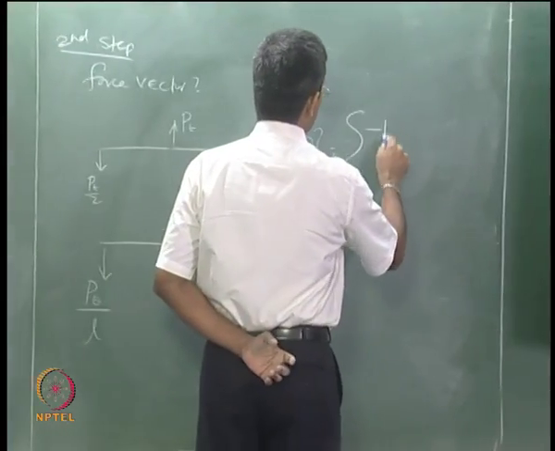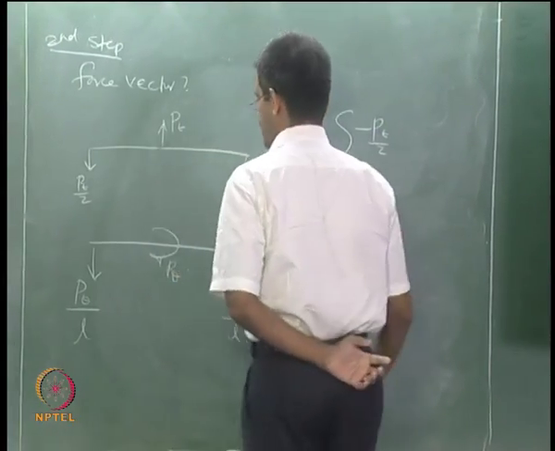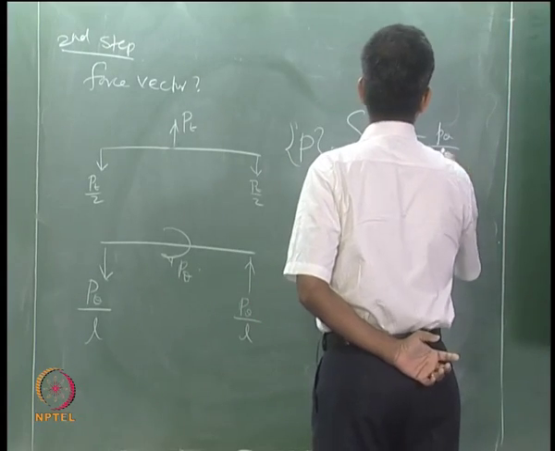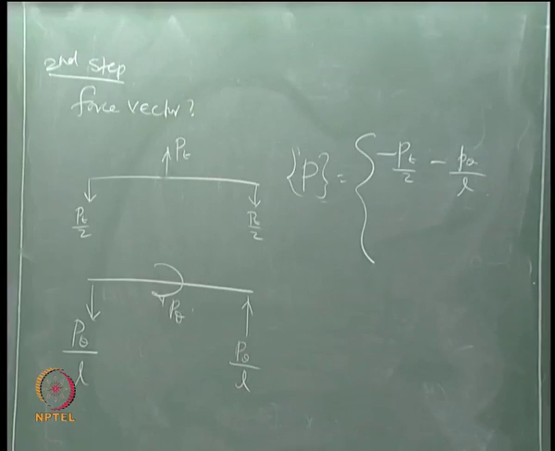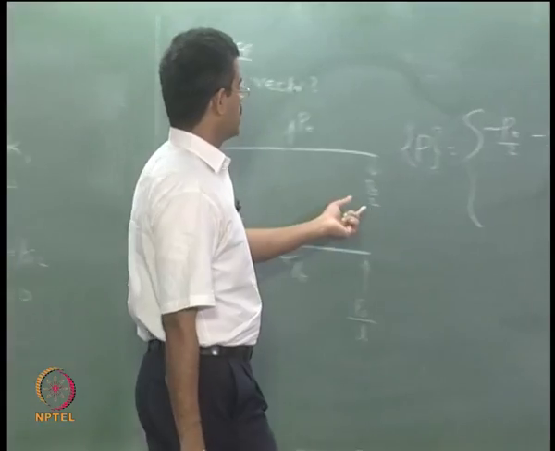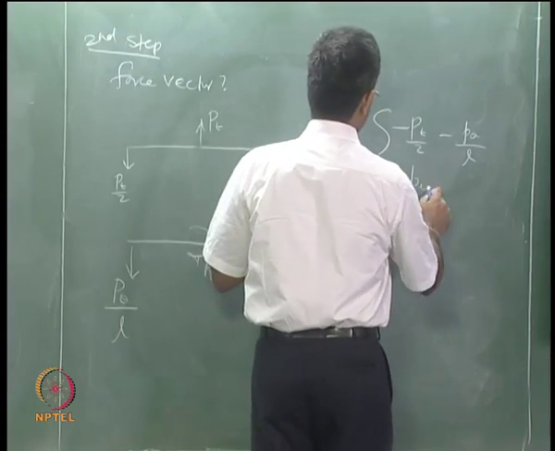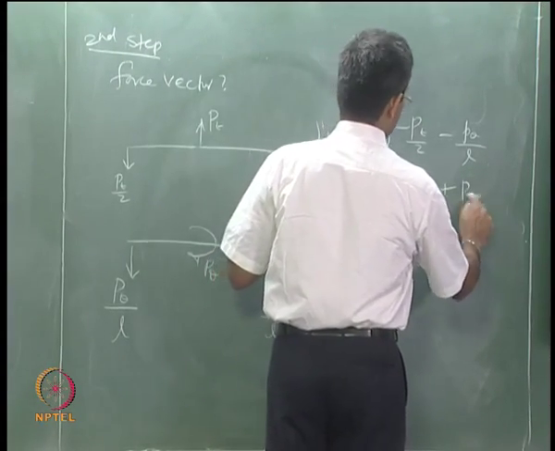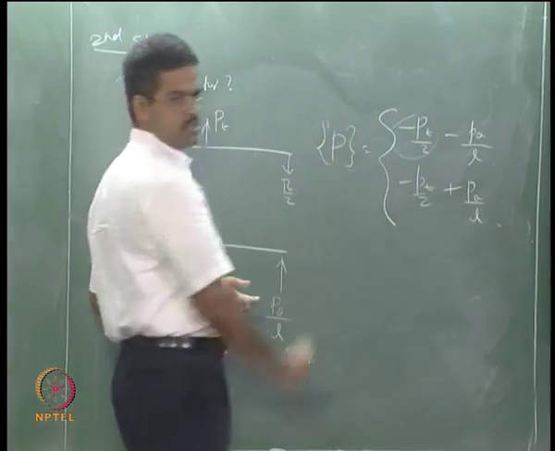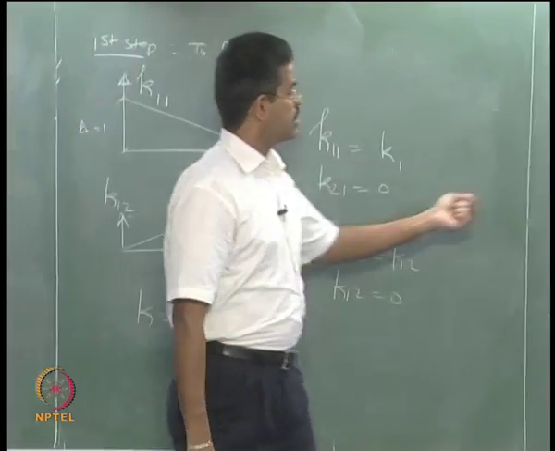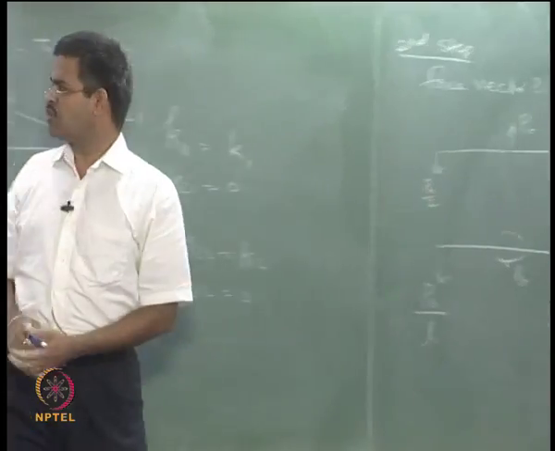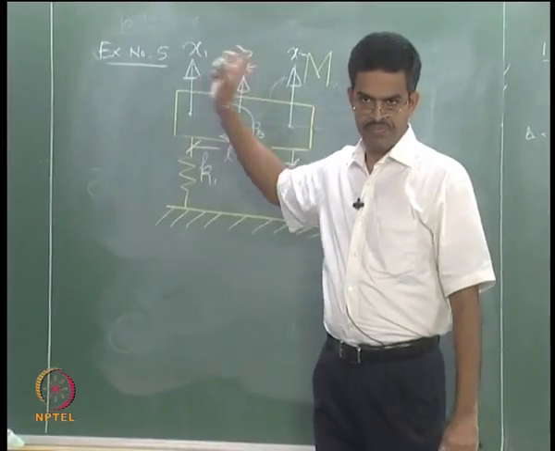So now I have a vector P, the force vector, which is nothing but minus Pt by 2 minus P theta by L. Similarly, the second one is going to be minus Pt by 2 plus P theta by L. It is negative because the force I have here is opposite to the direction of displacement.